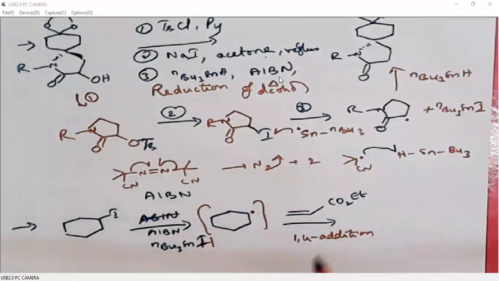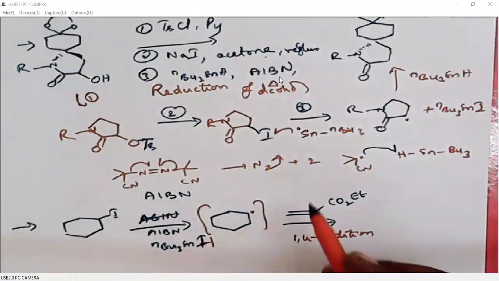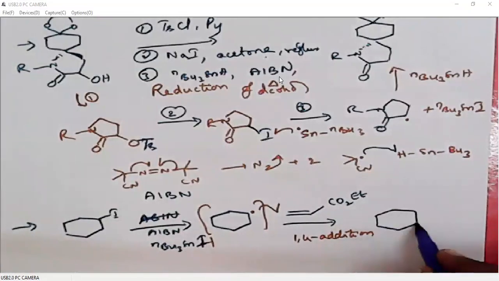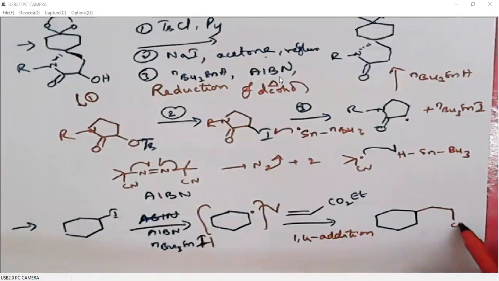At the same time, if we want to explore it further, we can explore this radical intermediate. What we need to do is add a reagent which can react with radicals. So this radical will undergo 1,4 addition, Michael addition, and it generates a radical here, right?